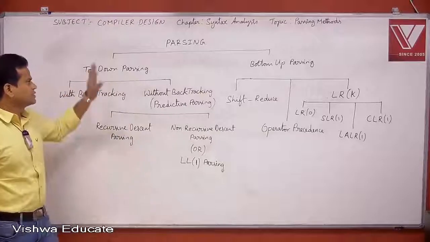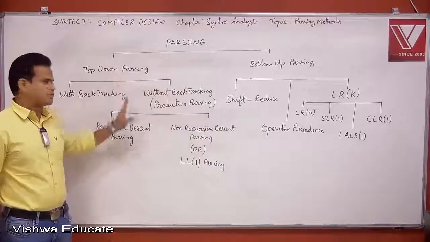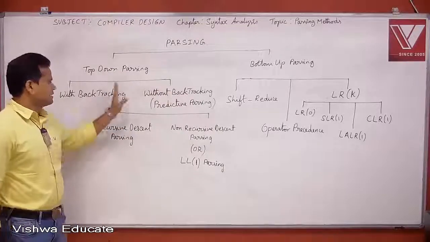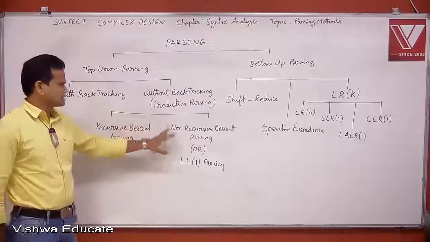So mainly two divisions, top down and bottom up. In top down, backtracking and without backtracking. In this, recursive descent and non-recursive descent.